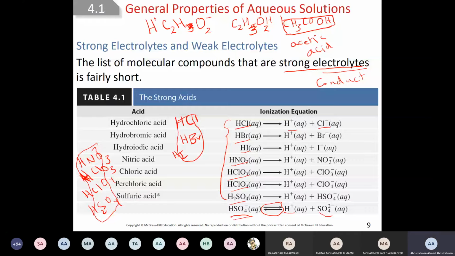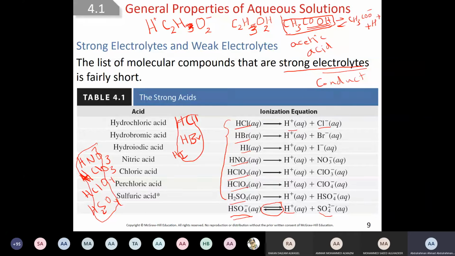All organic acids, anything in an organic compound that contains COOH, is considered a weak acid. So when you want it to decompose, you should write two arrows: CH3COO minus plus H plus.